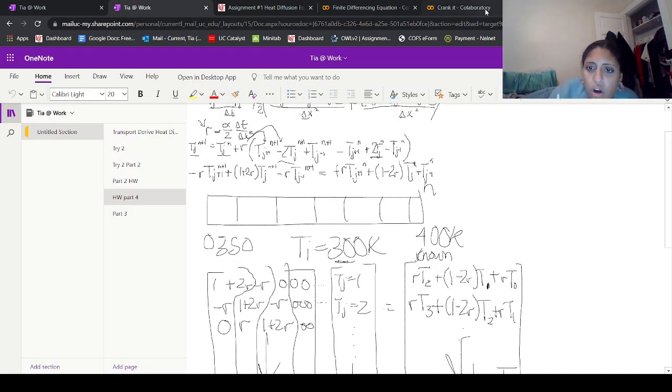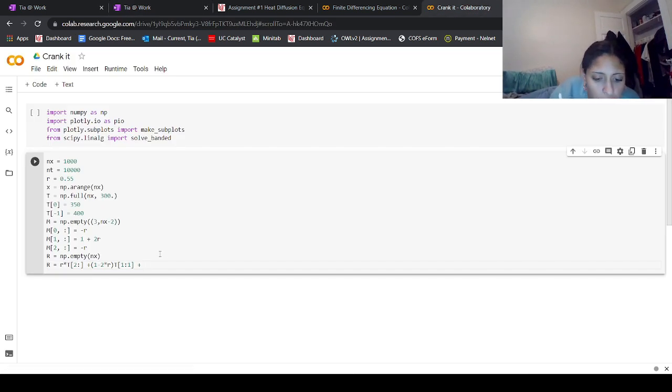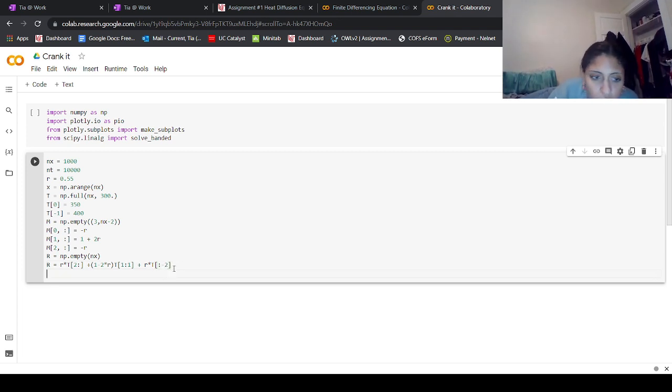Okay, so then what we're going to have is plus, not equals, plus, and then we have the, still just r to the T, and then it's going to be the position before, so r times, and then it's going to be T, and then position, it would be like minus 2, I guess. So then we are like, okay, well, let's set this first thing up, which would be 0 because it's like Python. So R of 0. Let's see.